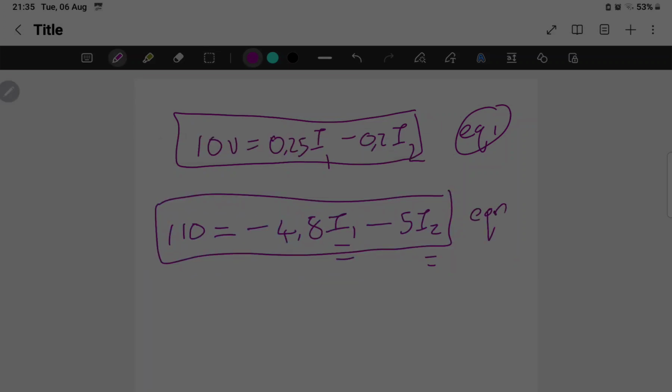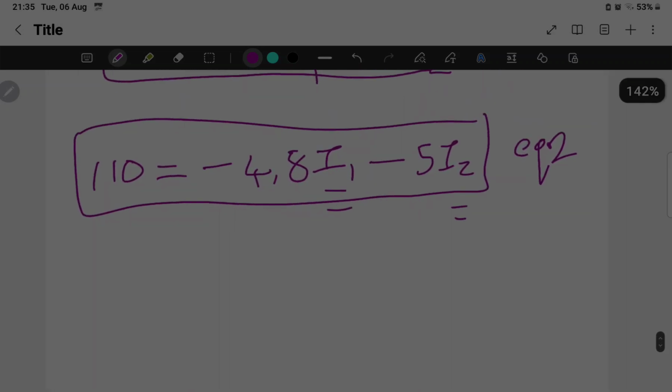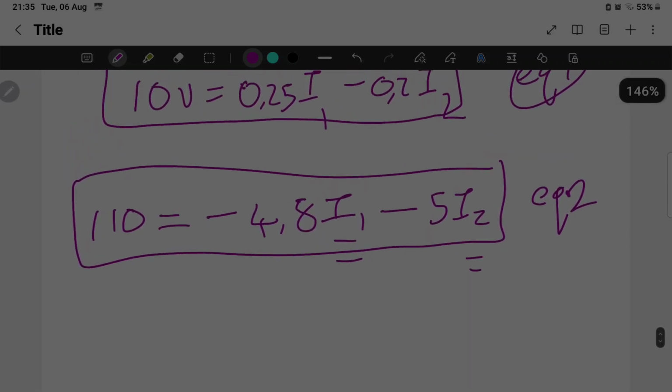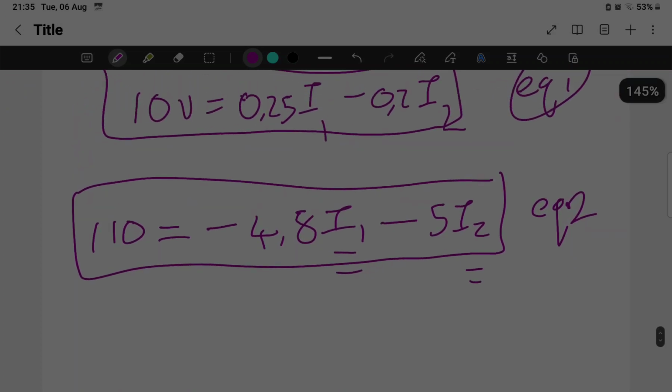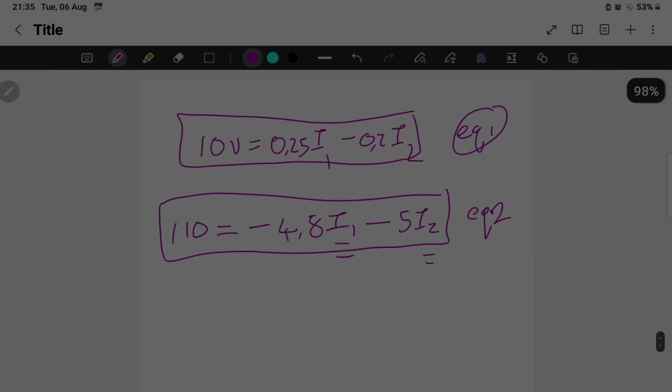Equation number 2. So now we are going to solve for these two equations, and we need to eliminate one of them, right?